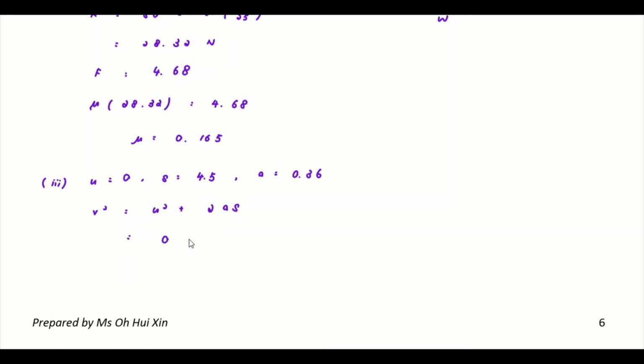So 0 plus 2as. So from here, we can get our v will be equal to 1.8 meter per second. So you want to find the v here because this final velocity is our initial velocity for our second stage, which the force of 6 Newton is removed now.